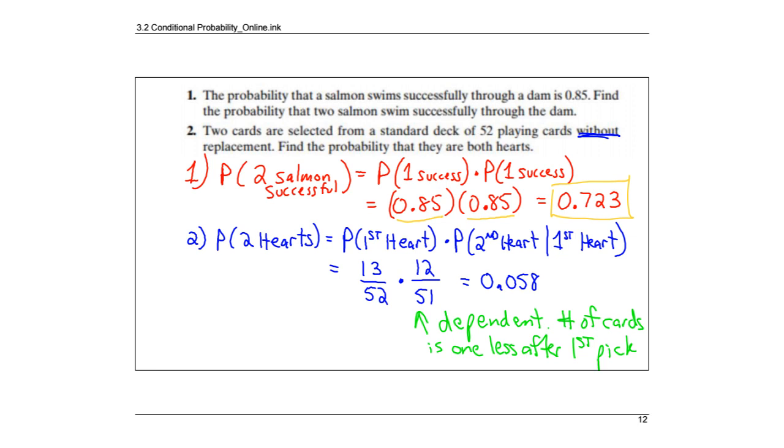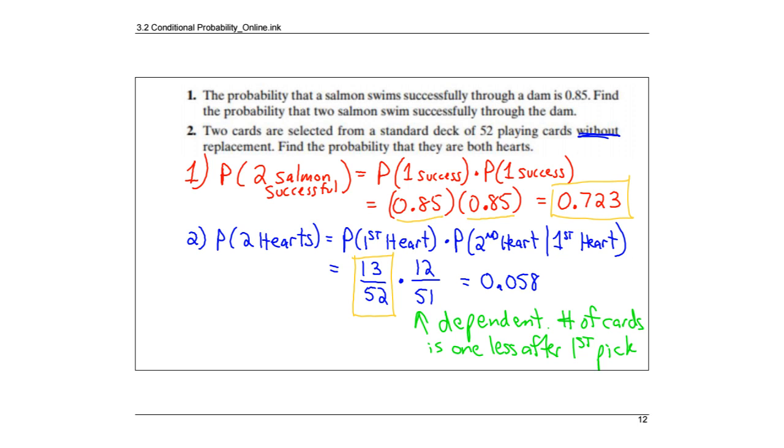So for the first heart, I have 13 hearts out of 52 cards. That works. This is an "and" because I'm picking the first heart and a second heart, so I'm going to multiply. Now the second one, I have to change both the numerator and the denominator.